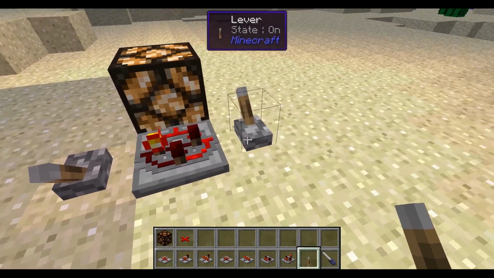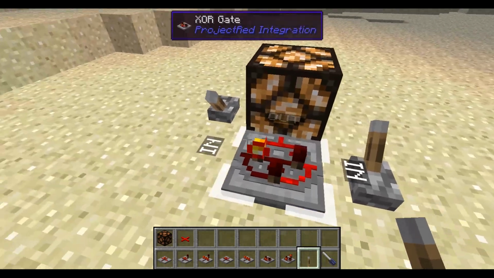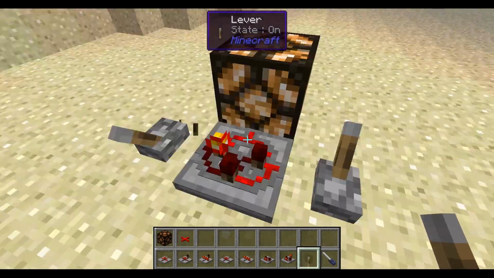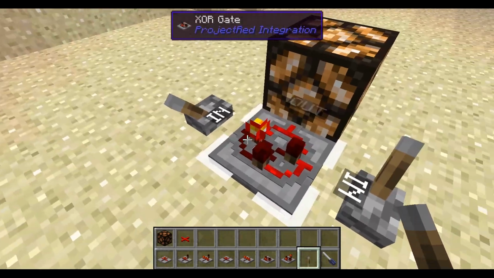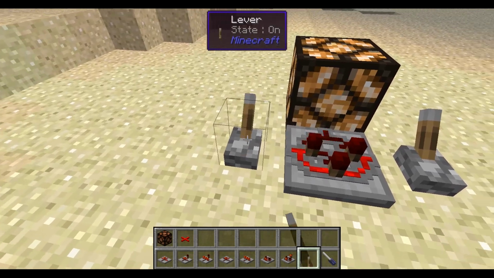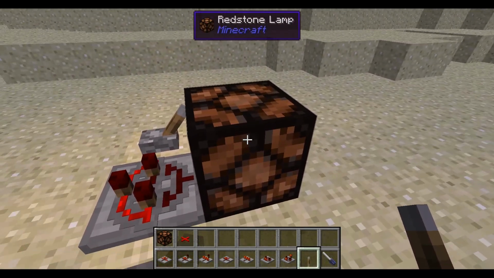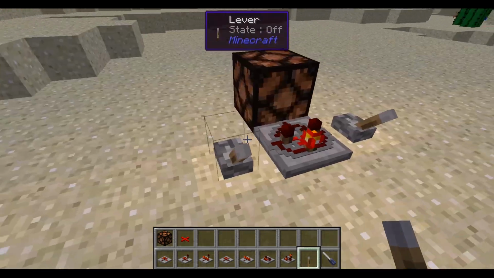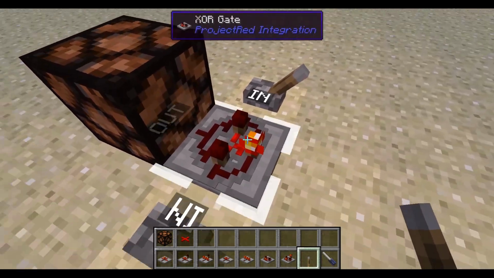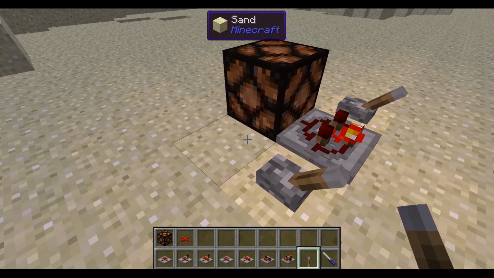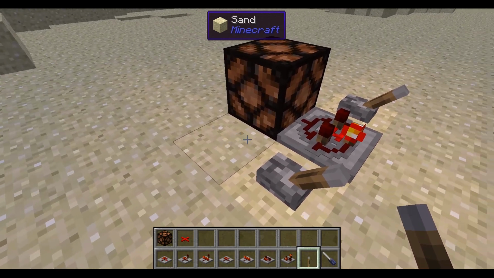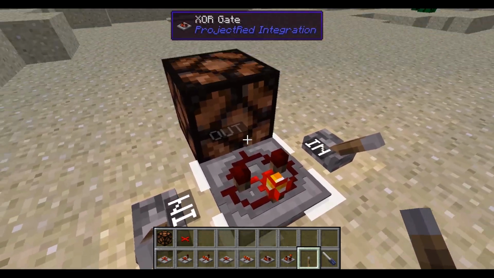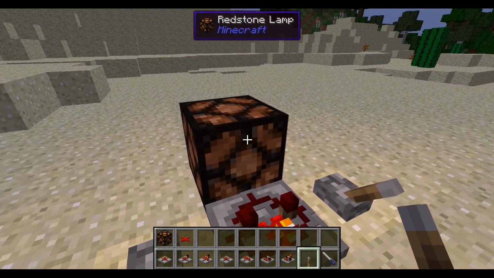And I can show you with the other one as well. Only one input is high, so the lamp will turn on. When both inputs are high, the lamp will turn off, and the lamp will also turn off when both inputs are low. So basically, when the inputs don't match, the output will go high on an XOR.